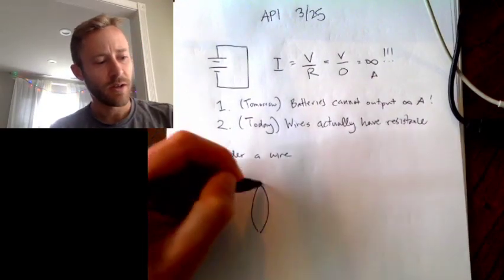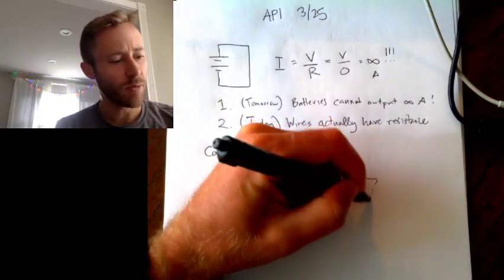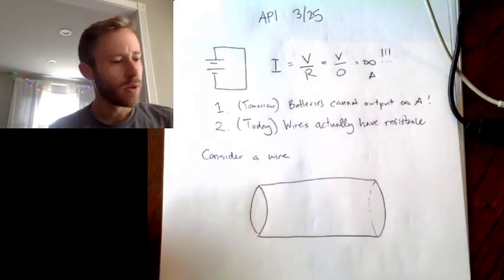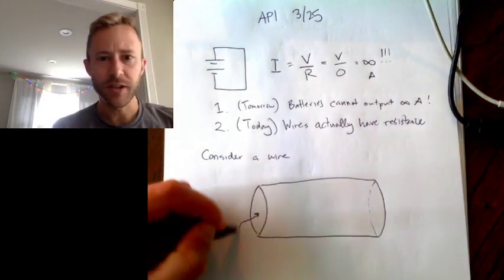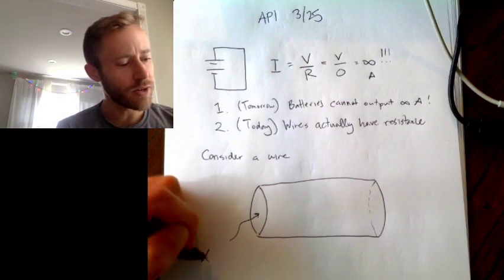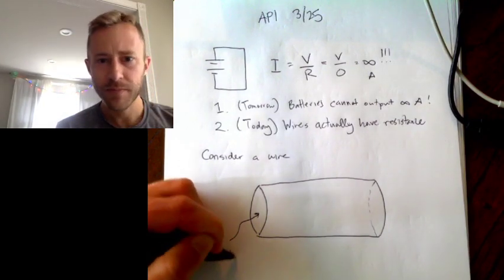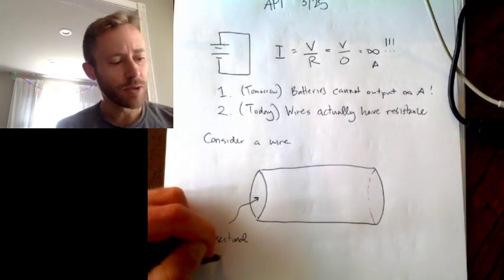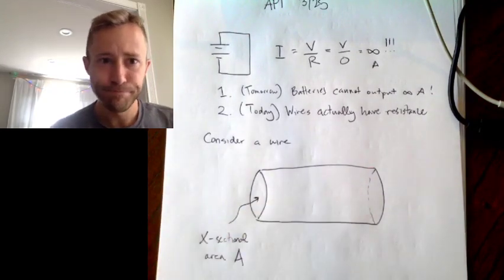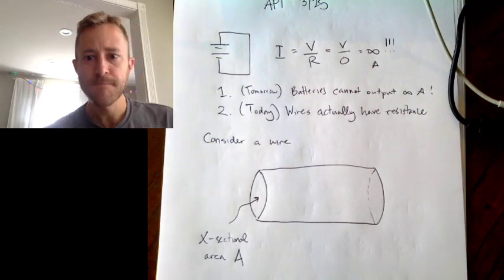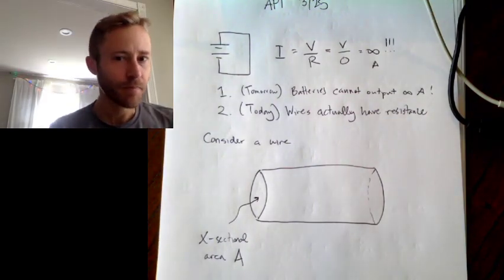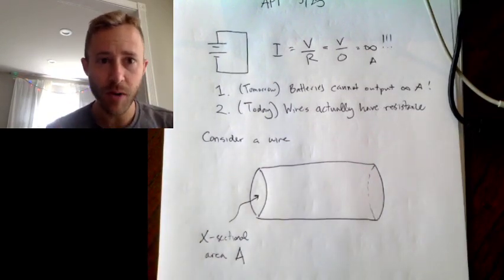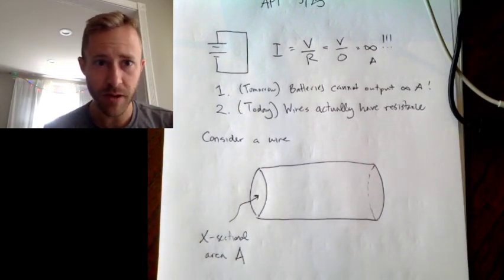So maybe the wire looks like this. So the wire has a certain cross-sectional area, which I'll denote by A. And depending on the geometry of the wire, it could be a number of different things.